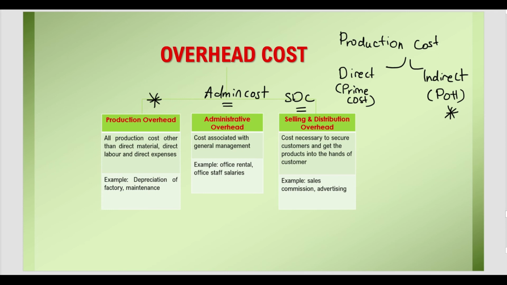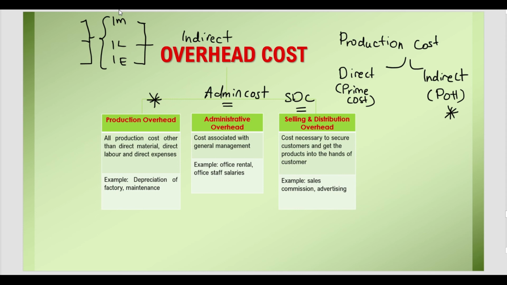This slide shows three types of overhead. Overhead means indirect. We have learned that under indirect cost classification by nature, it can be divided into three: indirect material, indirect labor, and indirect expenses. And these three can be further differentiated based on function, based on the location.